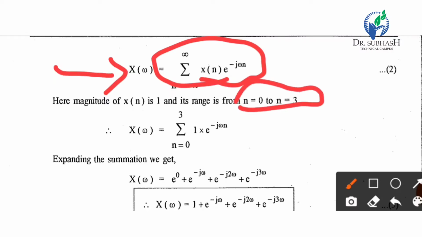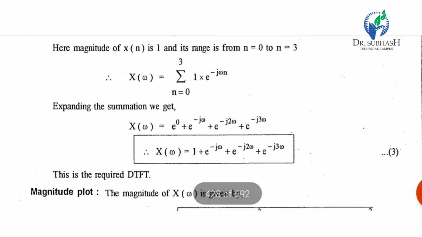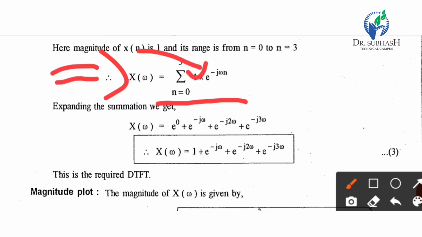Here the magnitude of x of n is 1, and its range is from n equals 0 to n equals 3. So now rearrange and put the summation limits and the value of x of n in the equation. So X of omega equals summation n equals 0 to 3, x of n equals 1, so we put x of n equal to 1, e raised to minus j omega n.